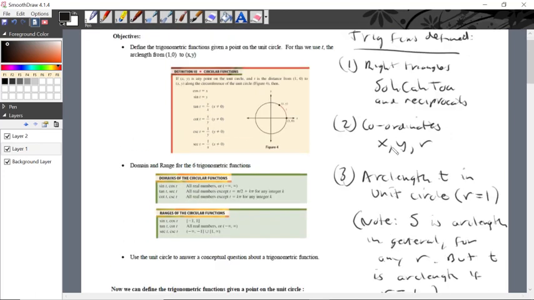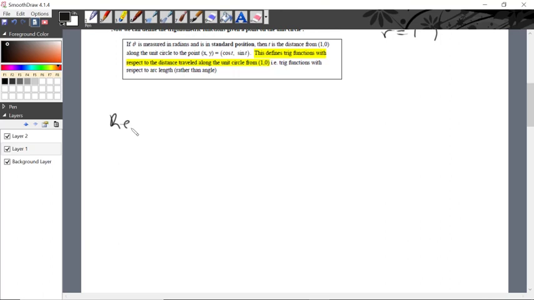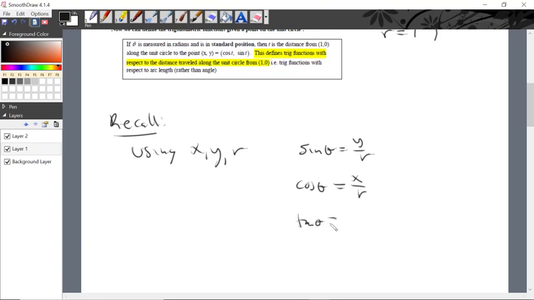So if we go back to the definitions that we already had for the trigonometric functions using the coordinates, we can just replace theta with t anytime that r is equal to 1. Okay, so recall when we are using x, y, and r, we already had defined, for instance, that the sine of theta is equal to y over r, and that the cosine of theta is equal to x over r, and that the tangent of theta is equal to y over x.